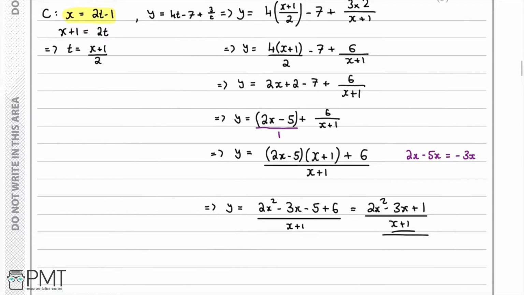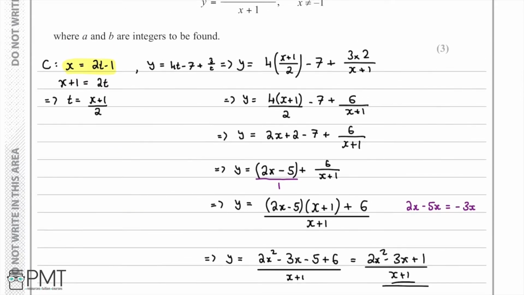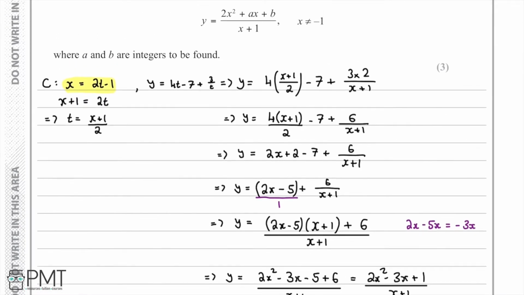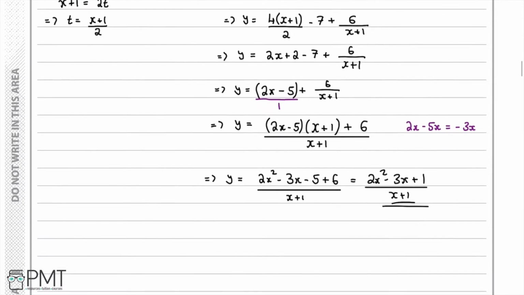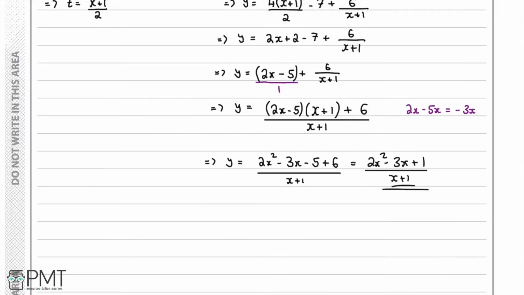So now we look back to the question and we recall that we wanted to get our expression into the form y is equal to 2x squared plus ax plus b divided by x plus 1. Then looking back to our answer, we see we have it in just that form.